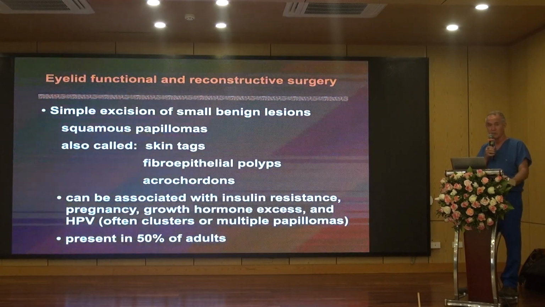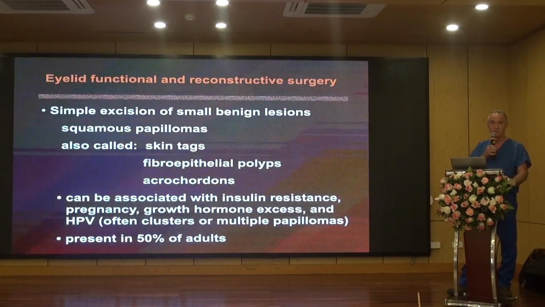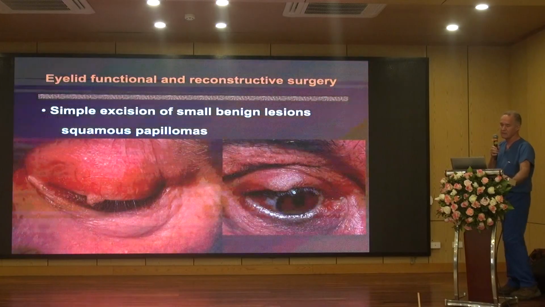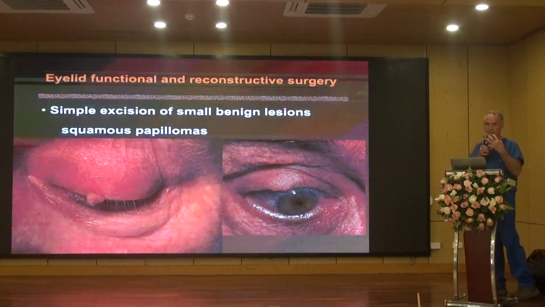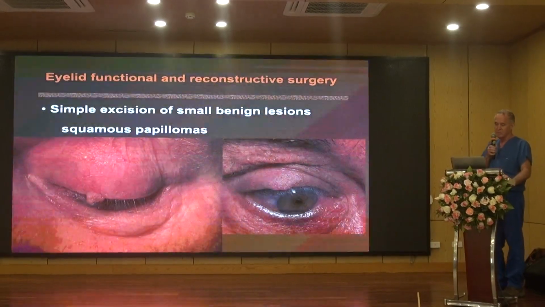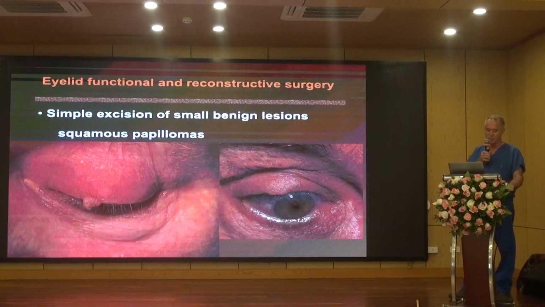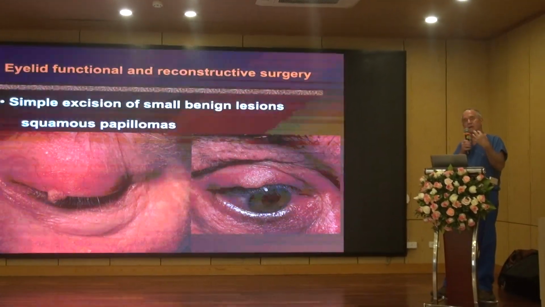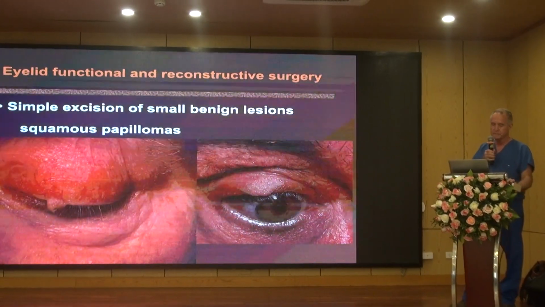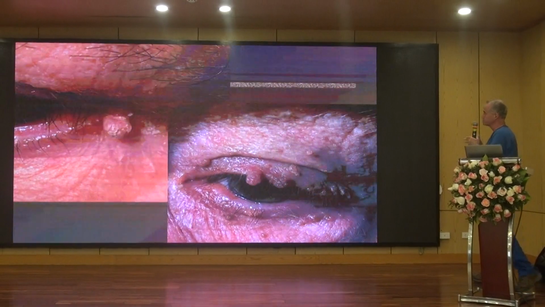But these are very common. In some studies, up to 50% of adult patients do have at least a few papillomas. They have a classic appearance. They're usually elongated. They have little tiny villous structures on them. If you look at them through a slit lamp microscope, they all look fairly characteristic. Some of them are very elongated and eventually can become ischemic and just fall off on their own. But these are the so-called squamous papillomas.